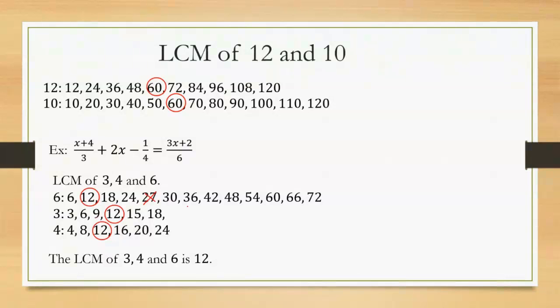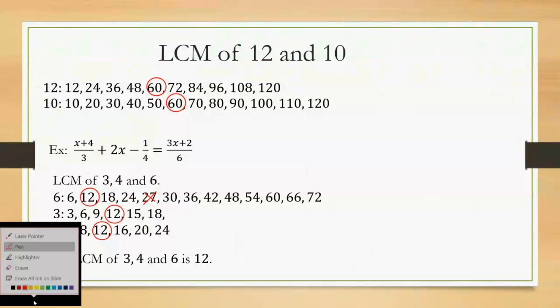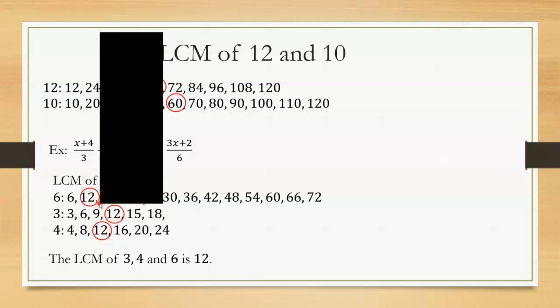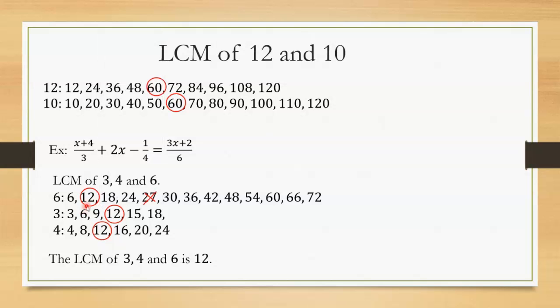Now let's list some from 3: 3, 6, 9, 12, 15, 18. We have 12 here and 12 here, so that's in both lists. 6 is also. But now we want the multiples of 4: 4, 8, 12, 16, 20. The smallest number in all 3 lists, the smallest multiple of 3, 4, and 6, is 12. So 12 is the least common multiple of 3, 4, and 6.